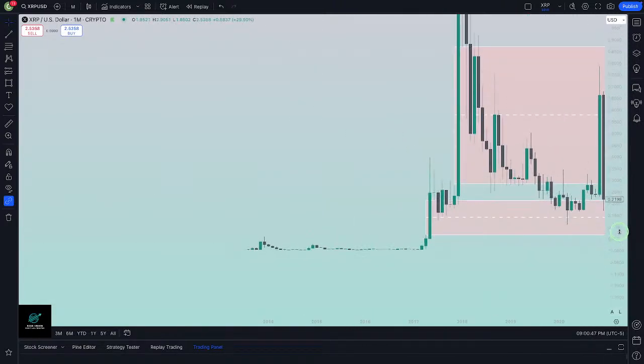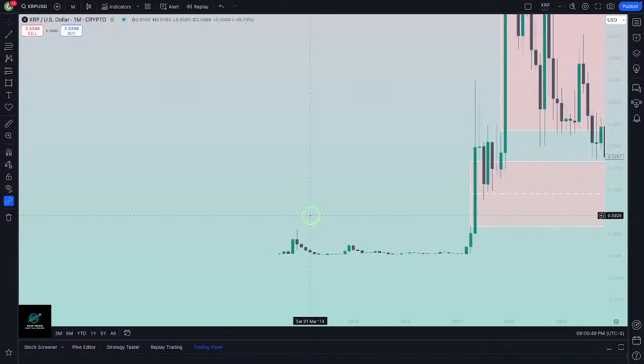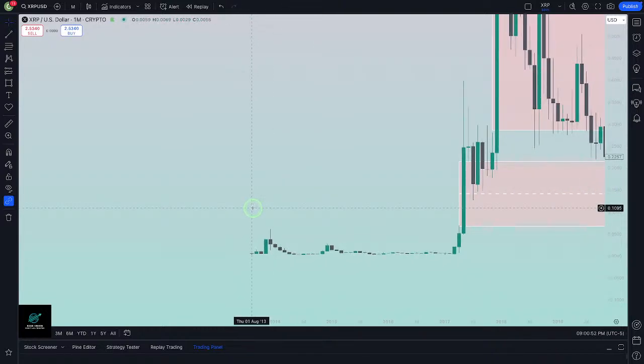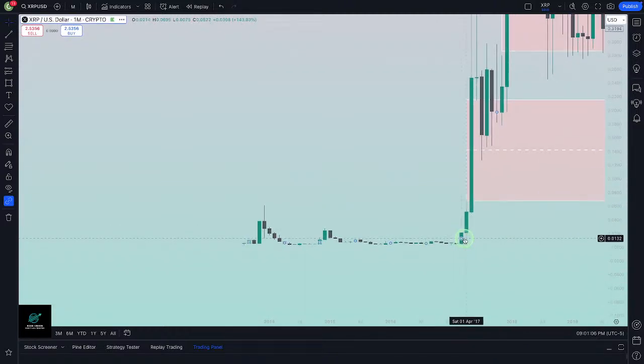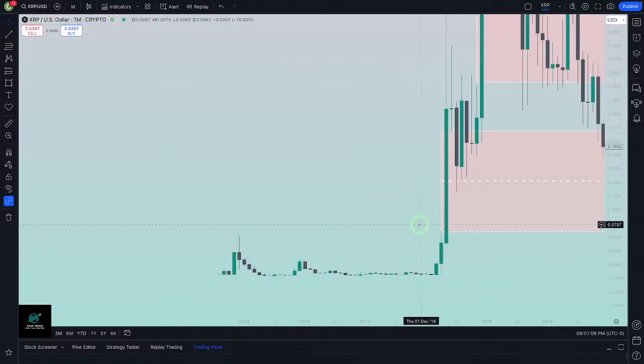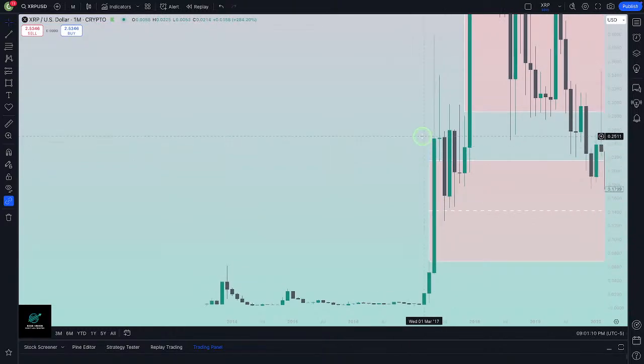And let's go look at the price action before 2017. You can go all the way back to 2013. I don't know too many people that got XRP in 2013. It was all about Bitcoin then. And then about March of 2017, XRP started to wake up and show some type of volatility.